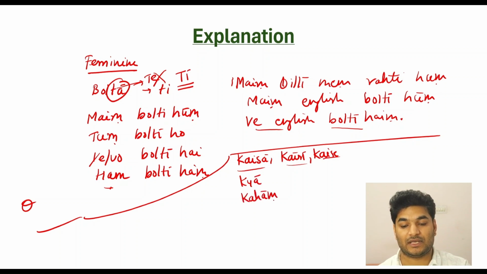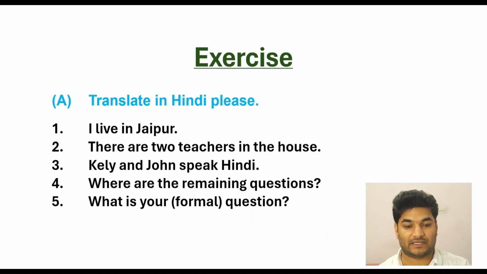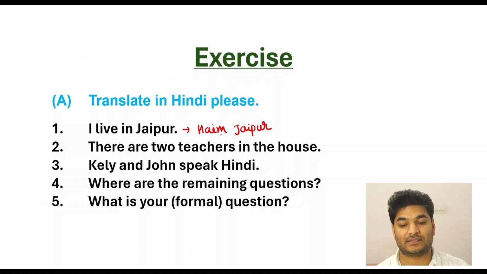So we saw three question words here: how, what, and where. Now let's see. Okay, we have to translate these sentences in Hindi. You can pause the video and you can check the answer later if you want, or you can stay with me.